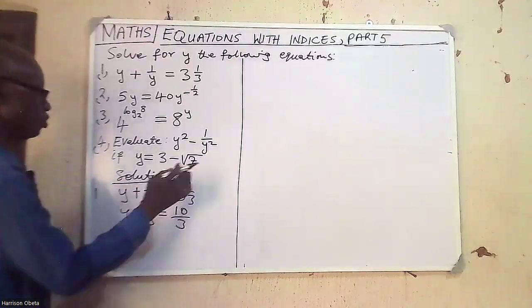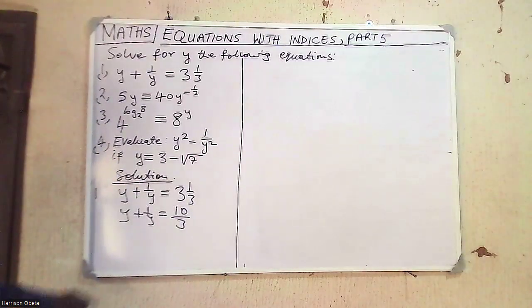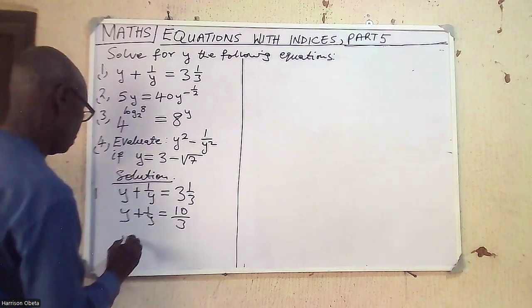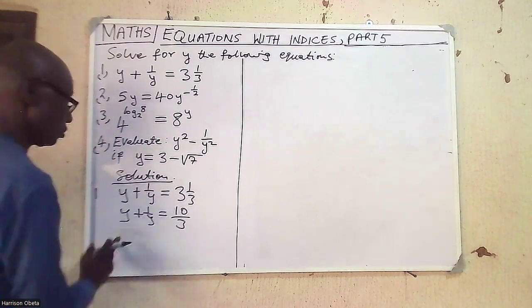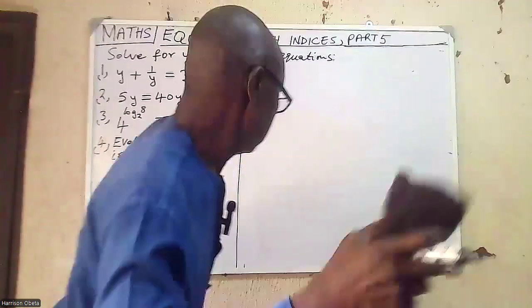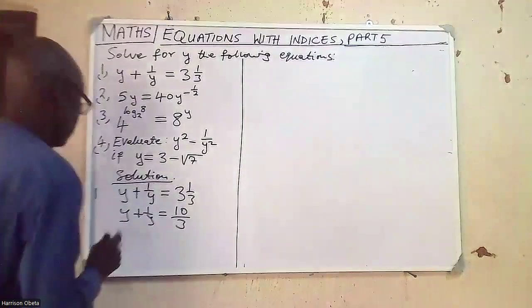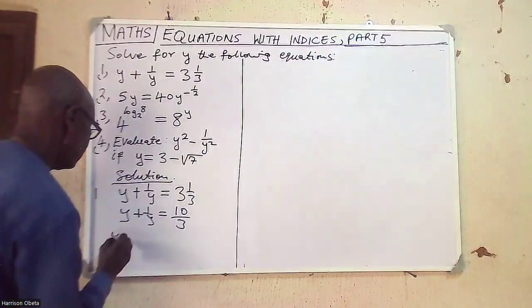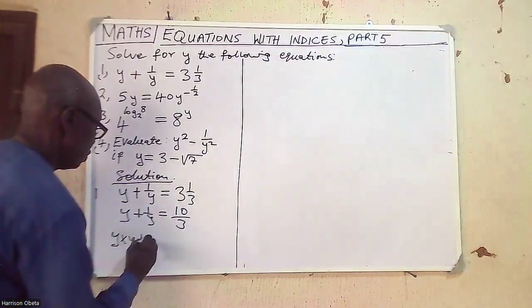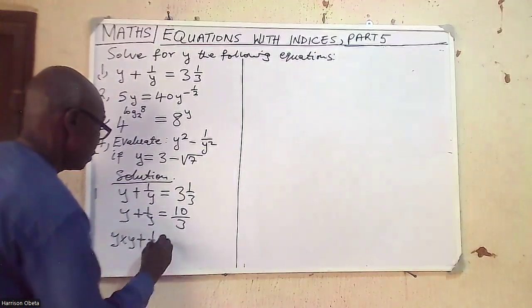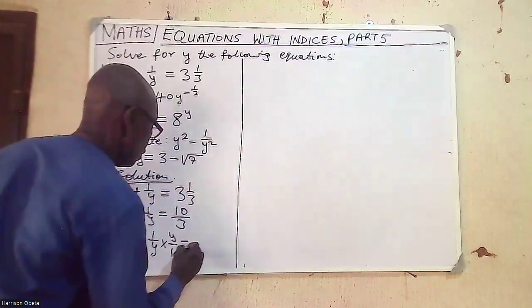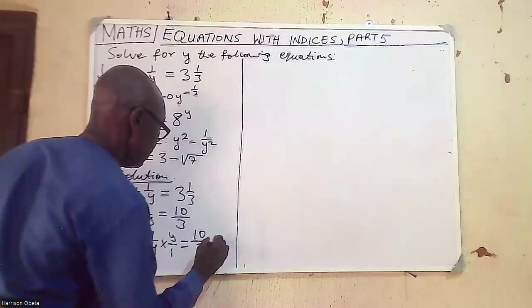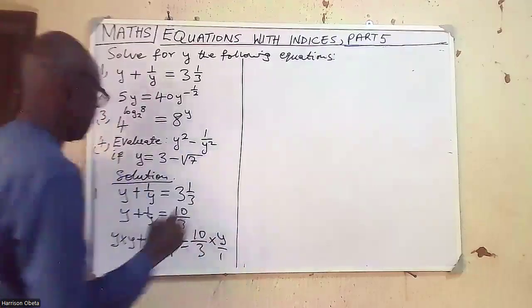That's 3 times 3 plus 1. Multiplied through by y, we have y times y plus 1 over y multiplied by y over 1 equal to 10 over 3 times y over 1.